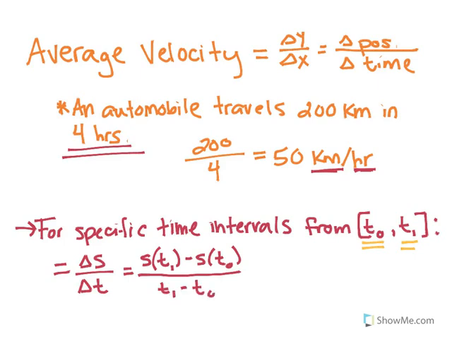So all of this is still a rate of change. It's still a slope, except it's over very specific time intervals. And just real quick, this delta S is also called displacement or net change. So those are two of the vocabulary words that mean the same thing for delta S.